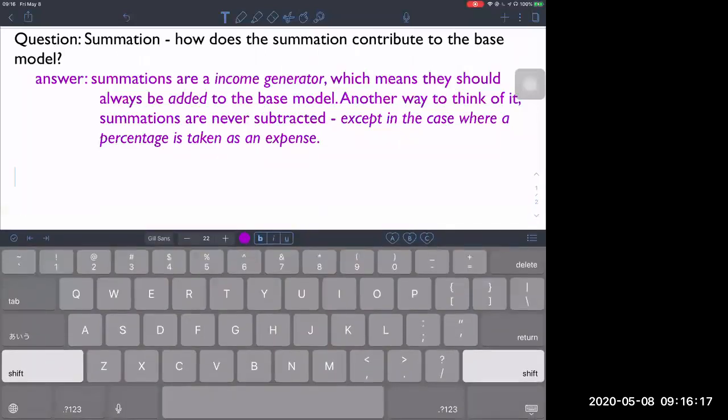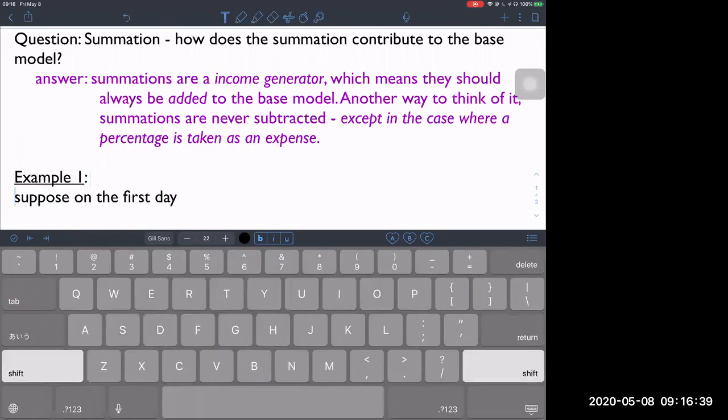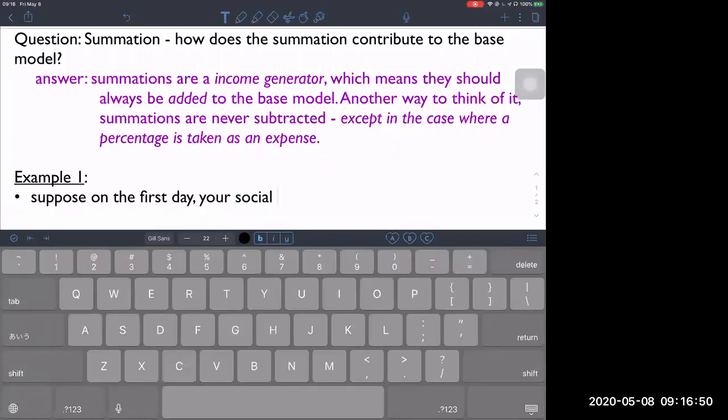So if I give you something very straightforward, let's call this example one. Suppose on the first day your social media platform reaches 20 people.